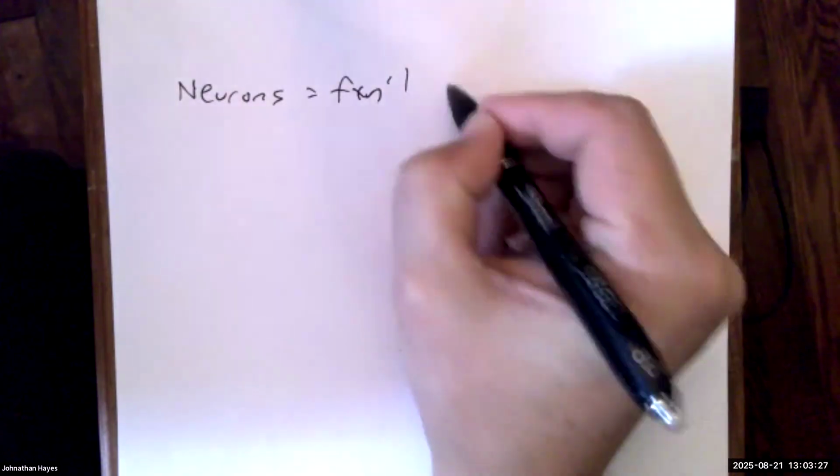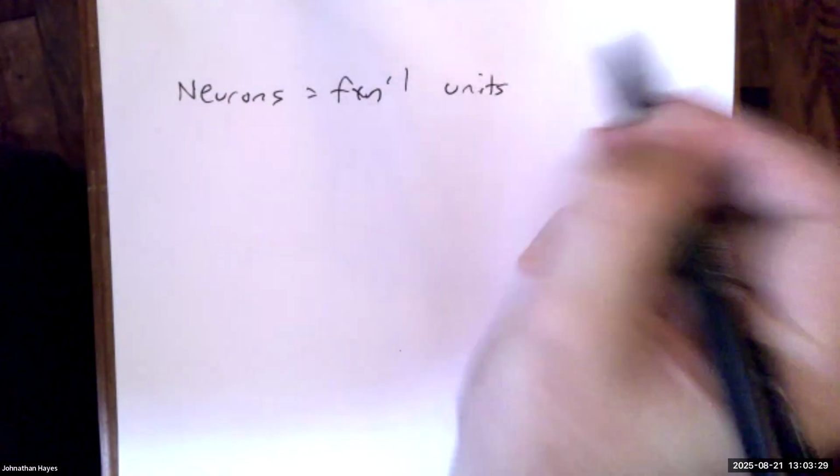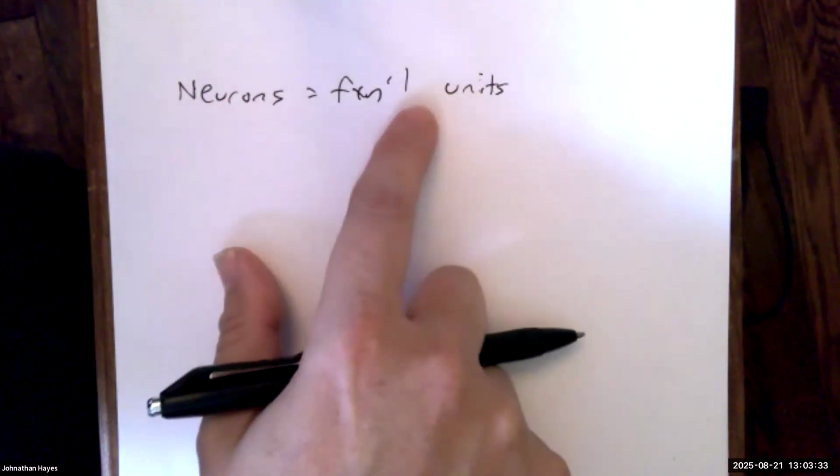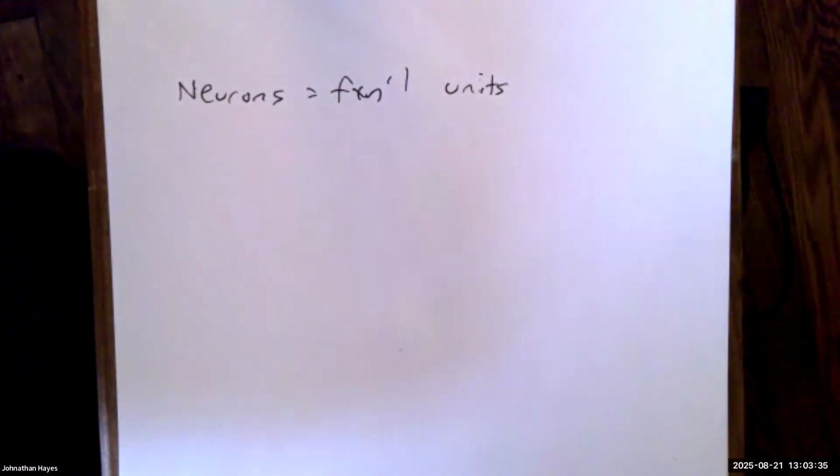So FXN is just a simple way of saying function. The functional units are the smallest individual pieces of an overall structure or organizational unit that has the same basic functions that you would attribute with that larger unit.